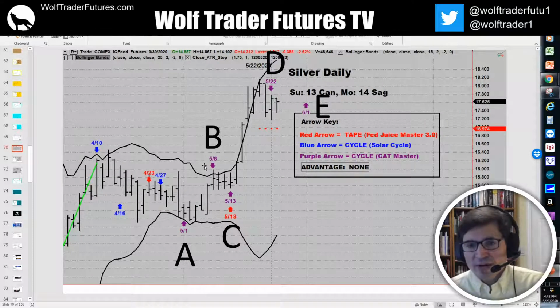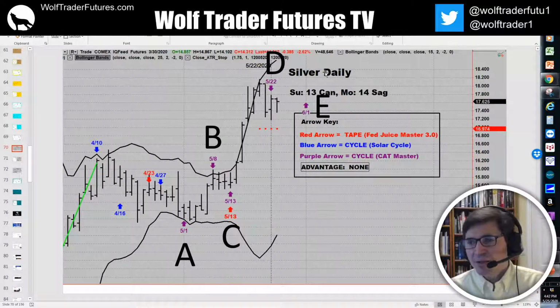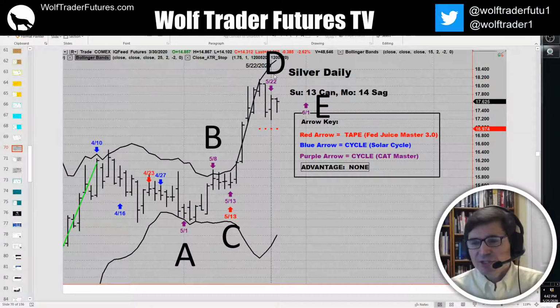So right here, this was A, May the 1st, B was the 8th, C was the 13th, and then it shot up on D. Even though the cat graph showed it as an oscillator, it actually shot up here and it picked that up. The only problem here is that it turned early.